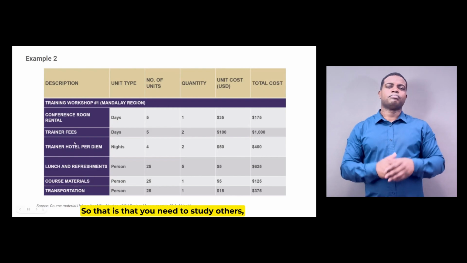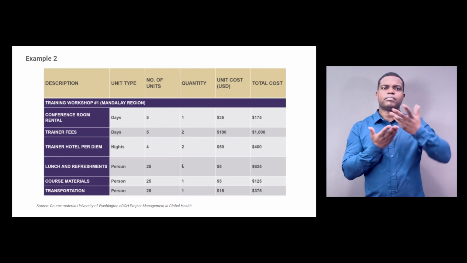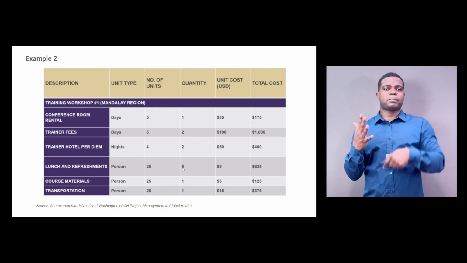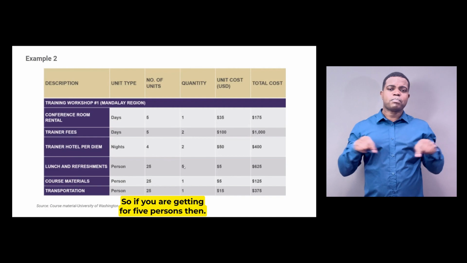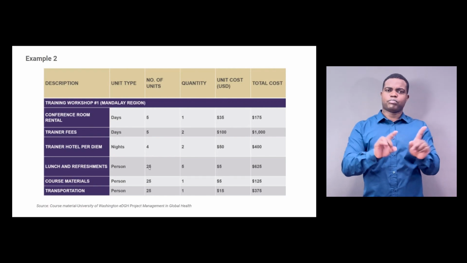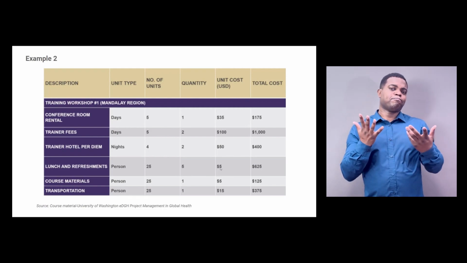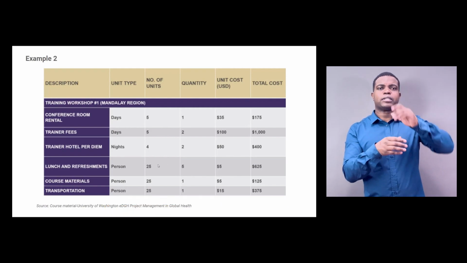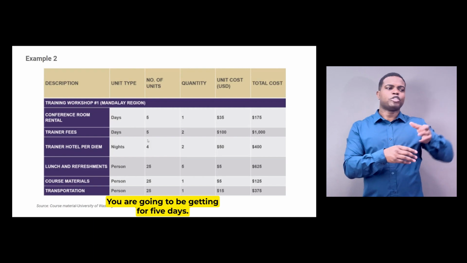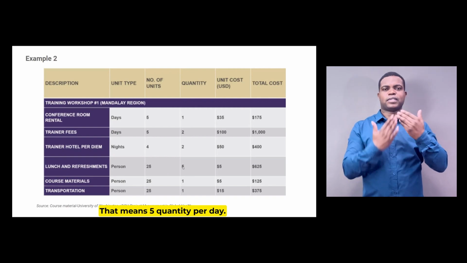So you need to study the others. For example, lunch and refreshments. If you are getting for 5 persons, what you are going to be getting is maybe 25 units, for 5 days. You can see 5 days here. Let's say we have training for 5 days, that means 5 quantity per day.